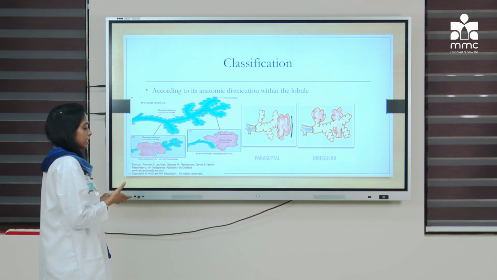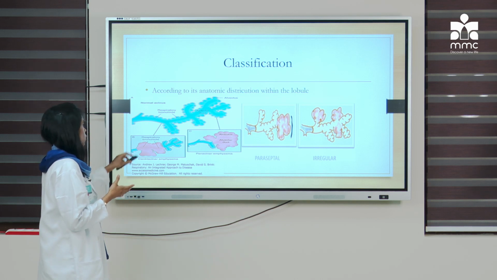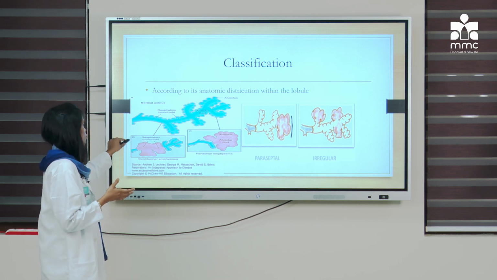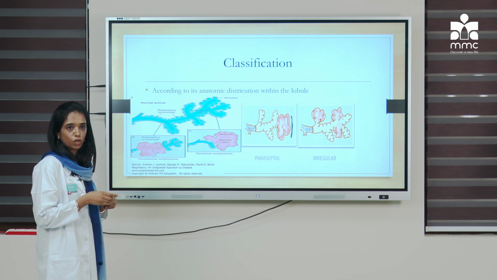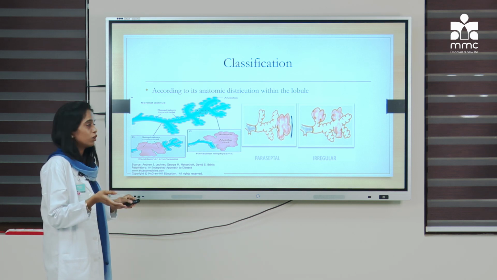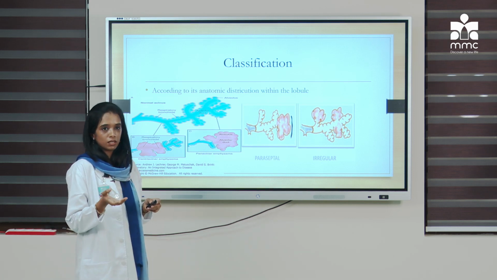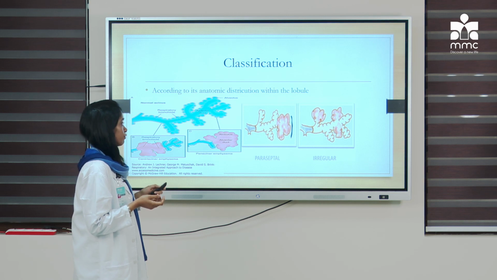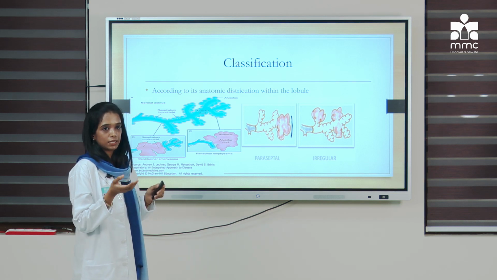Centriacinar emphysema is where the emphysematous change involves the respiratory bronchiole. When the whole of the respiratory bronchiole along with the alveolar duct and alveoli is involved, we call it panacinar emphysema. Then we have two more, the paraseptal and the irregular.